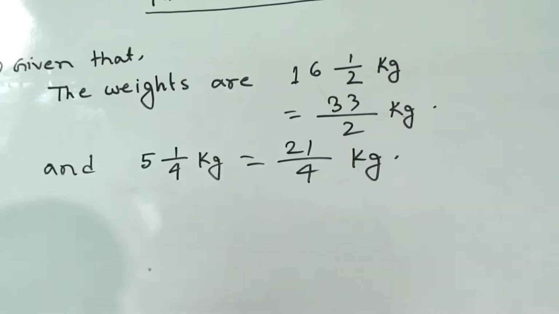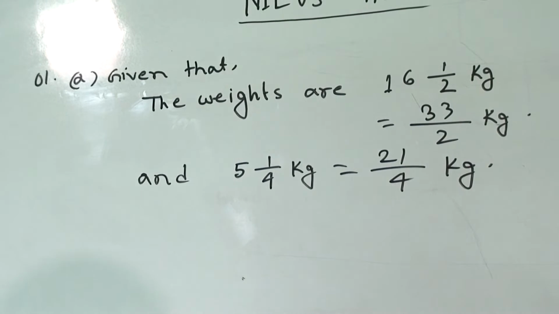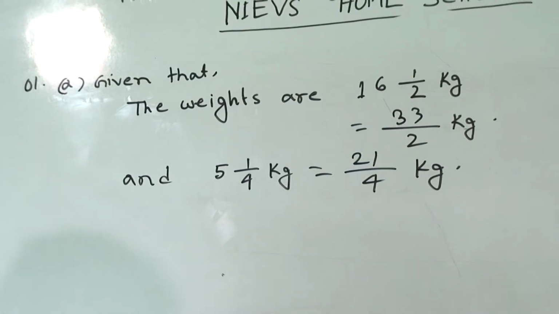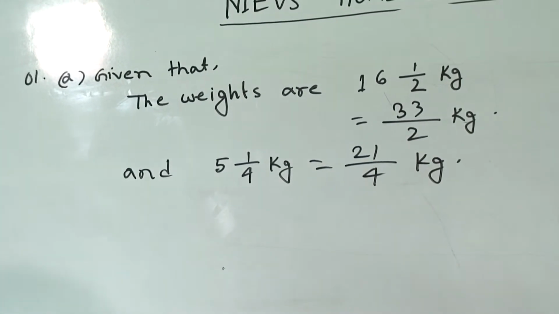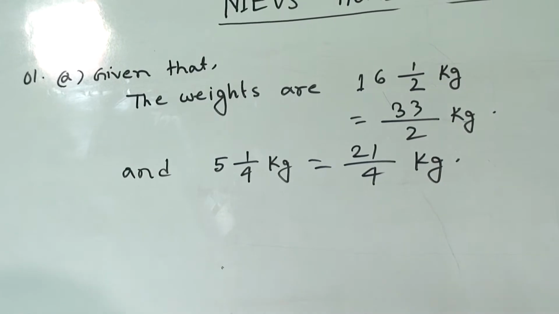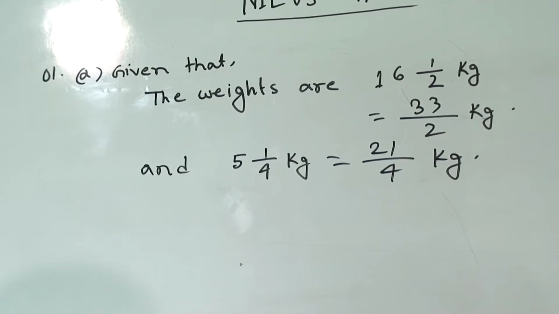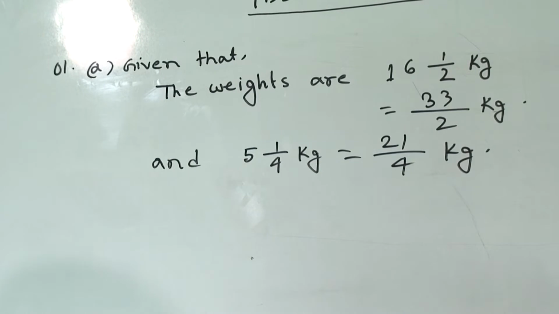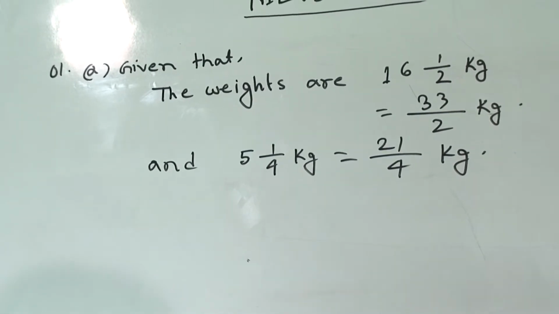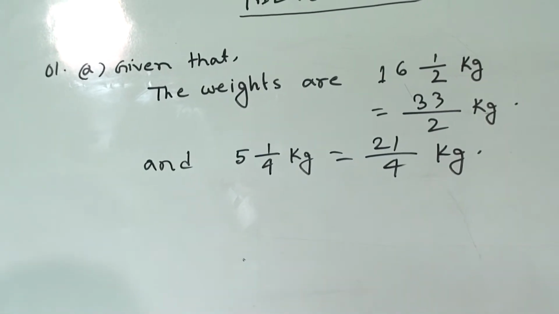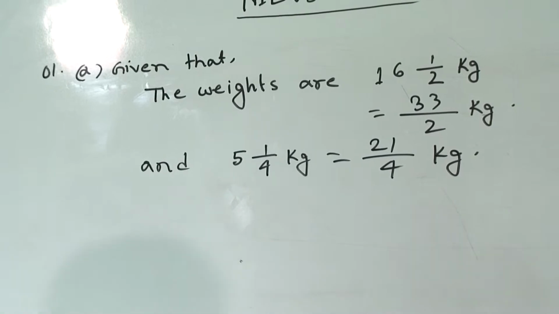Now my dear students, we find the LCM of the given two fractions. What do you mean by LCM of the fractions? LCM of fractions means LCM of the numerators divided by the HCF of the denominators. For this reason, at first we find out the LCM of the numerators.